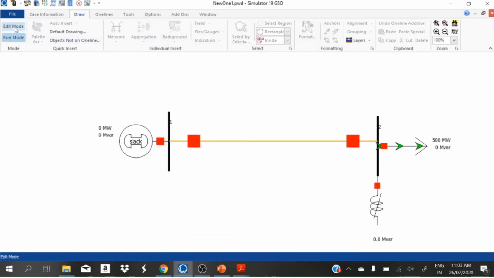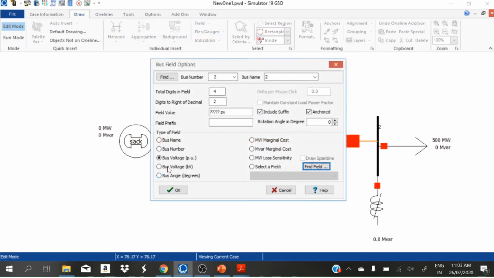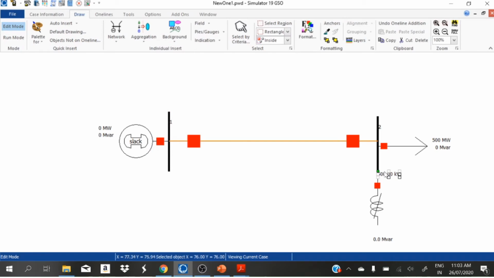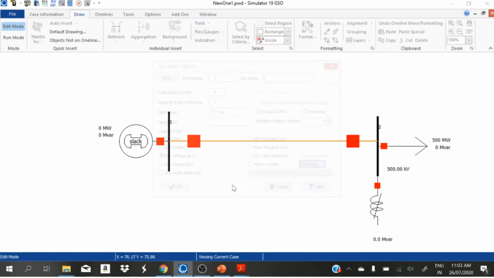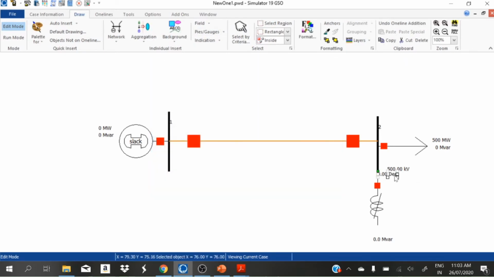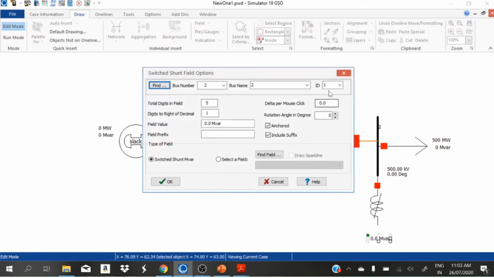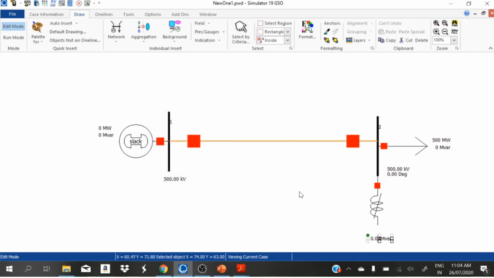Before we go to run mode, draw a field, bus field, because we have to note down the bus voltage and angle. Now we can run our model. We can vary the switched shunt by minus 5 MVAR per mouse click.